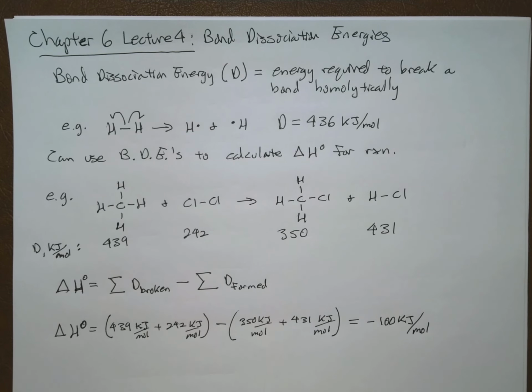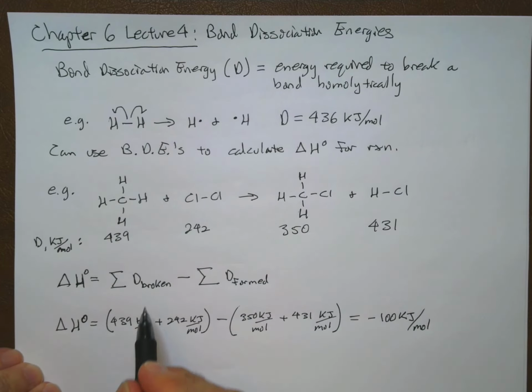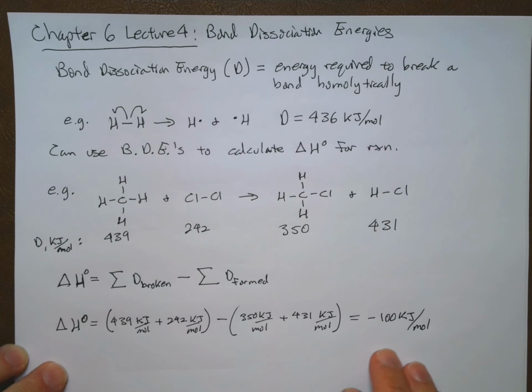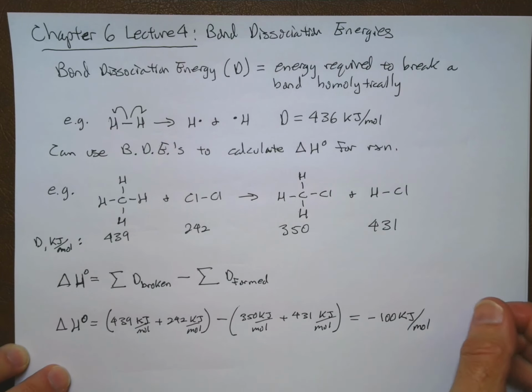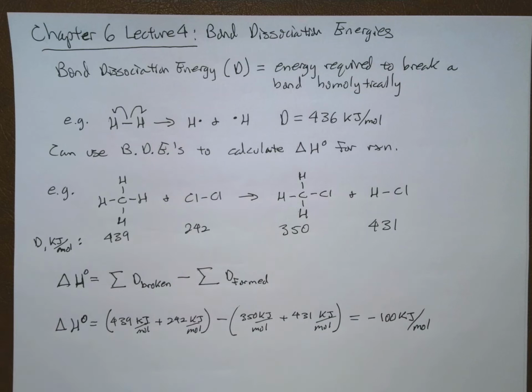So just by comparing the bond energies of the bonds that we break and the bonds that we form, we can get an overall view of whether the reaction is exothermic or endothermic and how much. So this is useful-ish. Again, these bond dissociation energies are for homolytic bond cleavage.